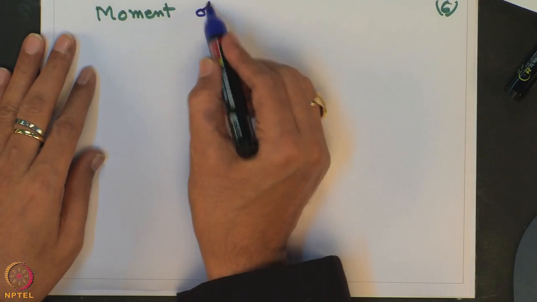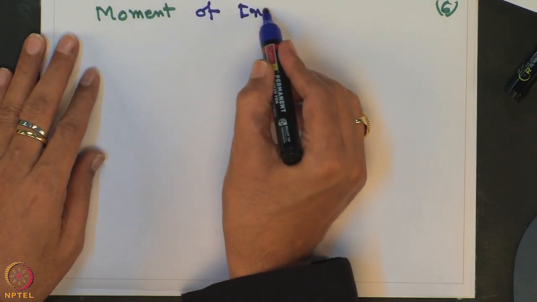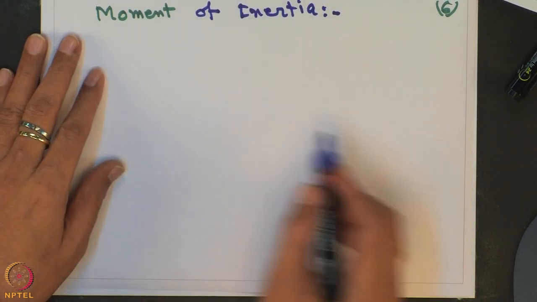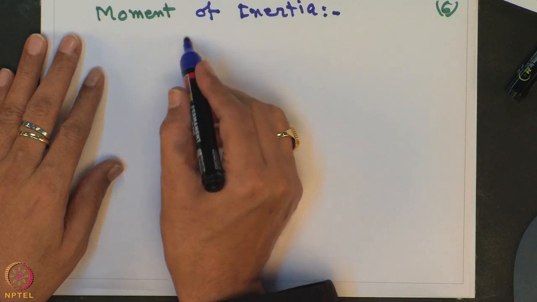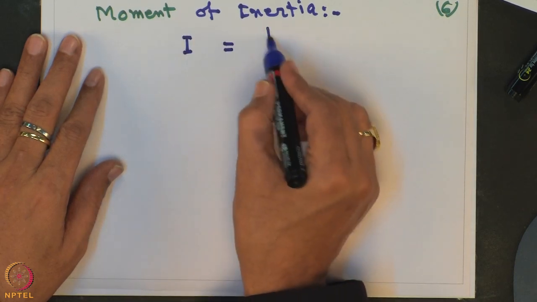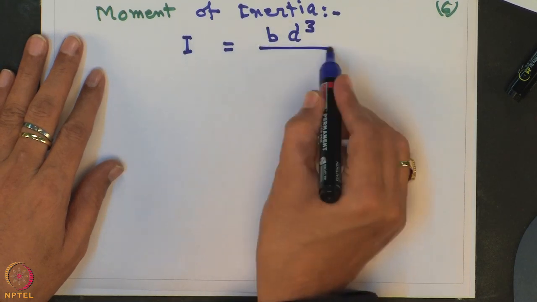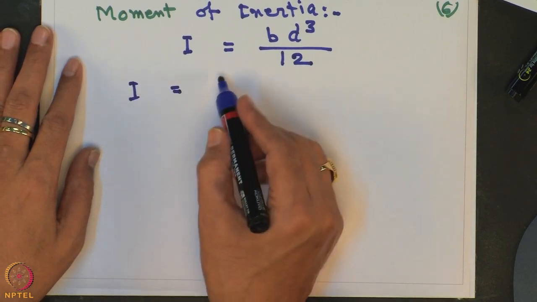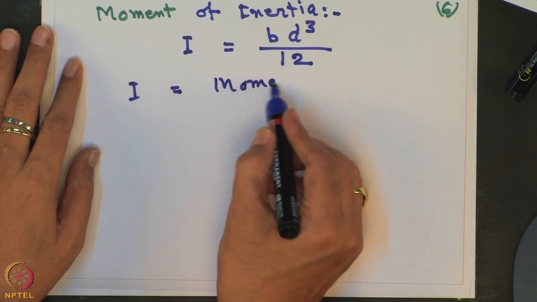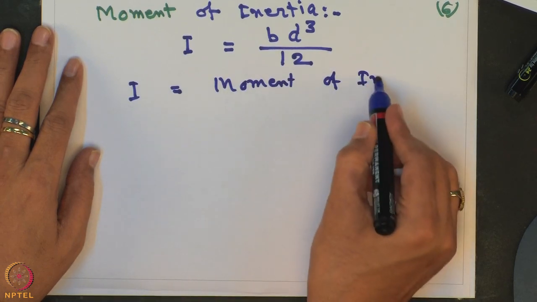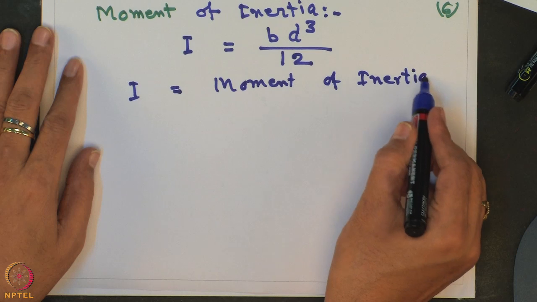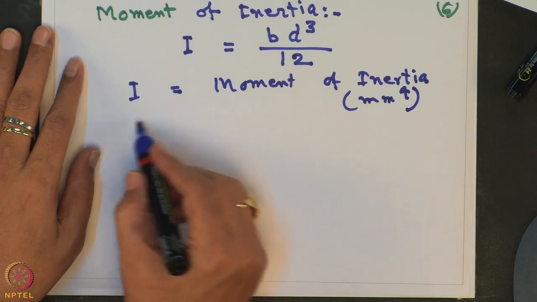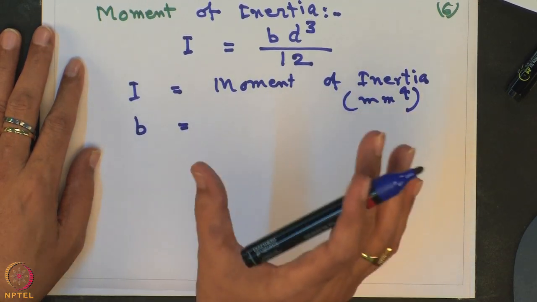The moment of inertia can be calculated as I is equal to B d to the power 3, divided by 12. What is I? I is the moment of inertia, that is in millimeter to the power 4.